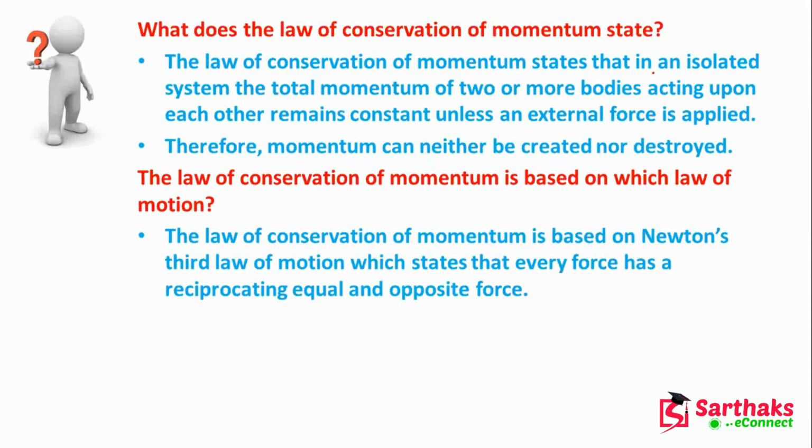It states that in an isolated system, the total momentum of two or more bodies acting upon each other remains constant unless an external force is applied. Momentum can neither be created nor destroyed.